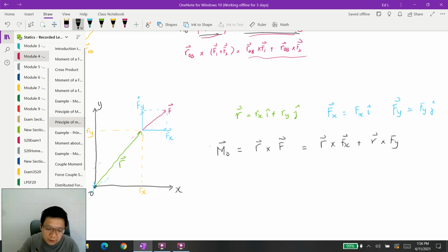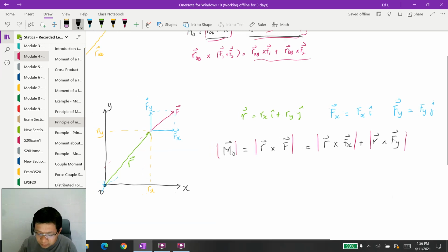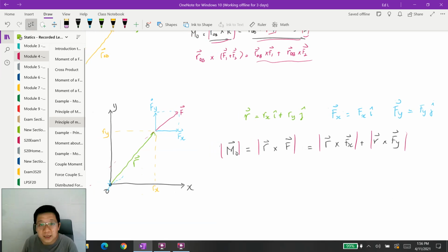If we only consider the magnitudes, which is the scalar formulation of this moment, then r cross F is nothing but rF times d, based on what we have learned in the previous lecture.